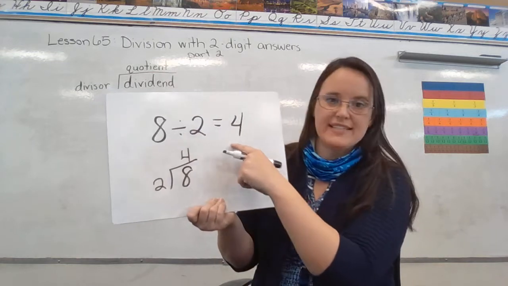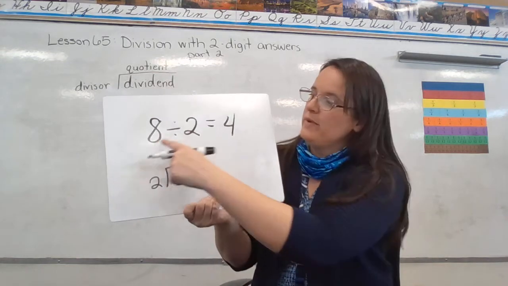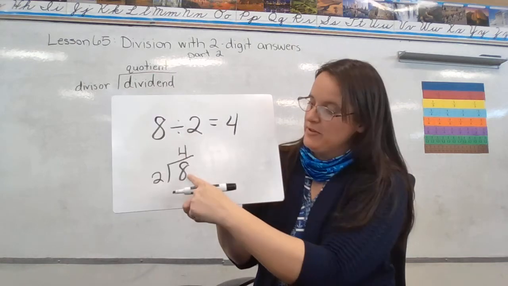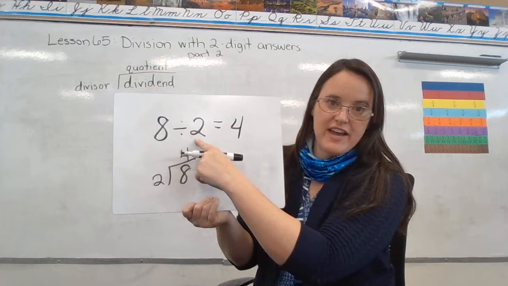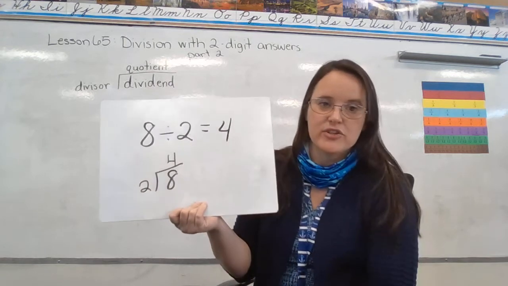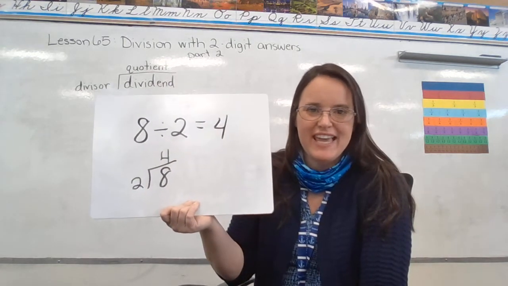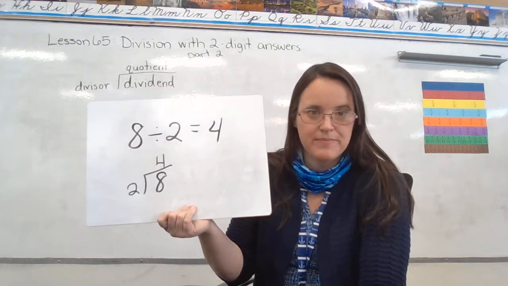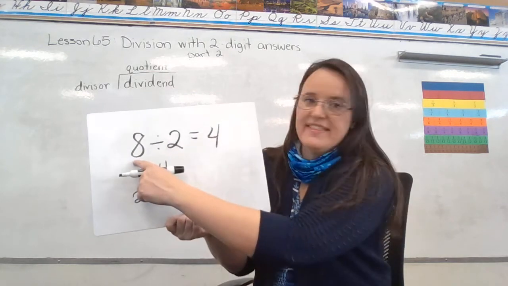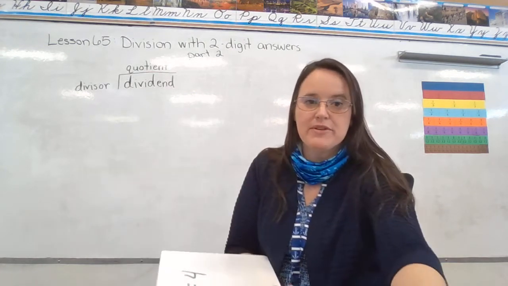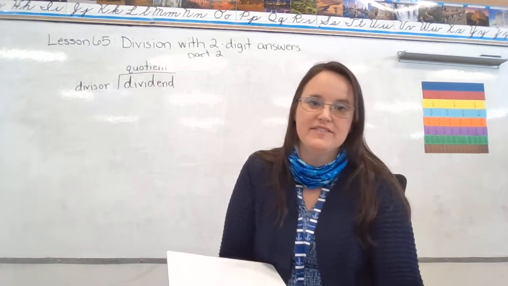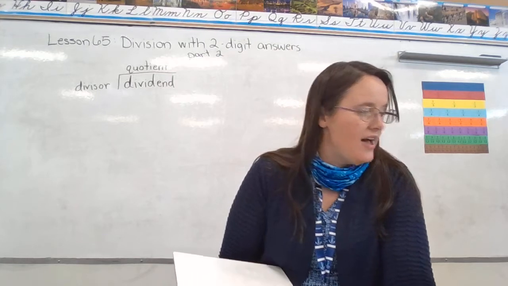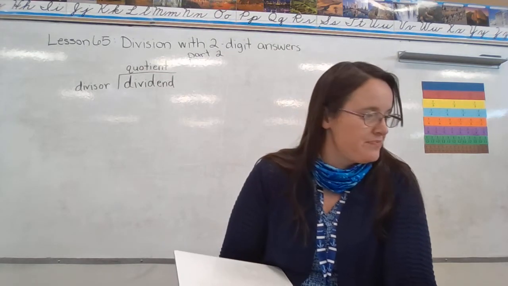But when we write it as an equation this way, we put the number that we're dividing first, the number we're dividing by second, and then our answer goes last. So what is the 8 called in this example? 8 is the dividend. It's the number that we are dividing. We're taking 8 M&Ms and dividing them into 2 equal groups.